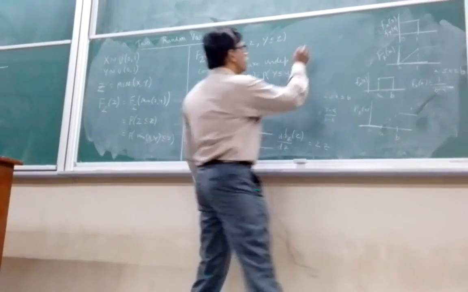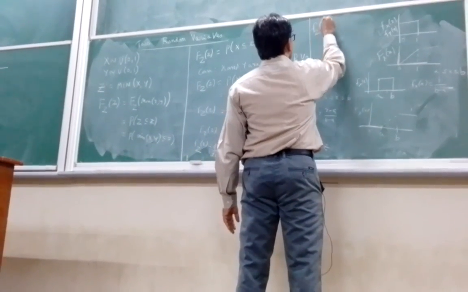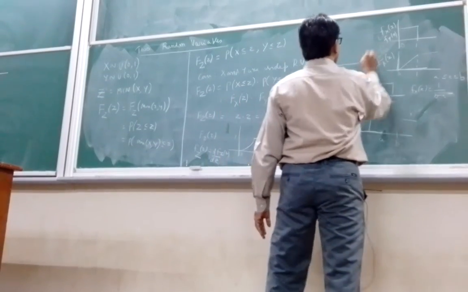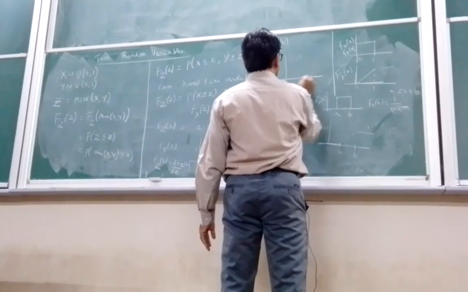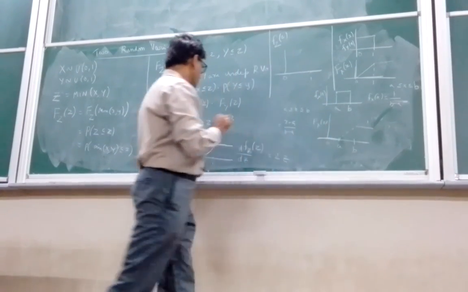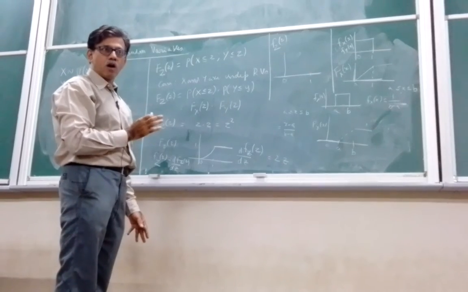And how will that be? It has to be 2z and it has to be normalized also.